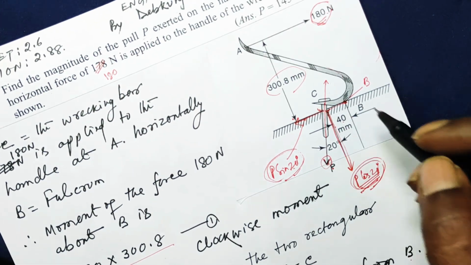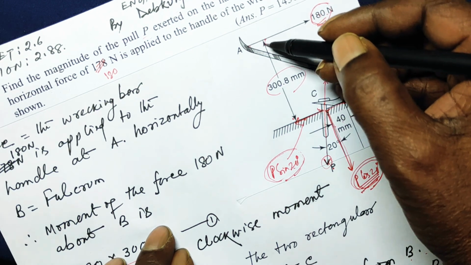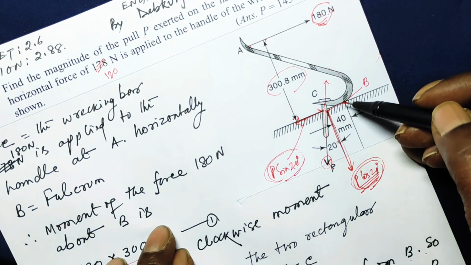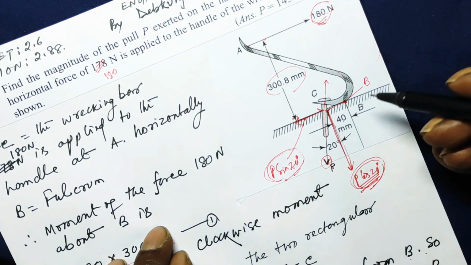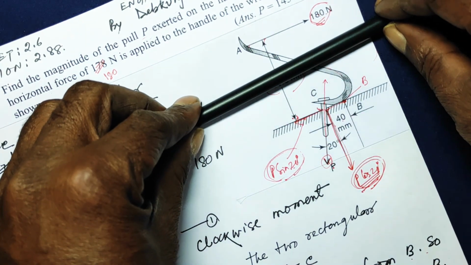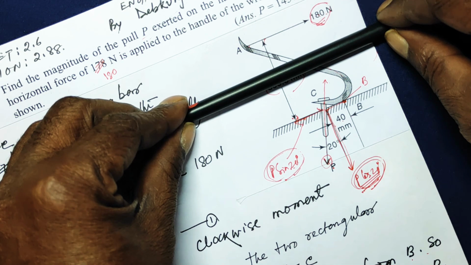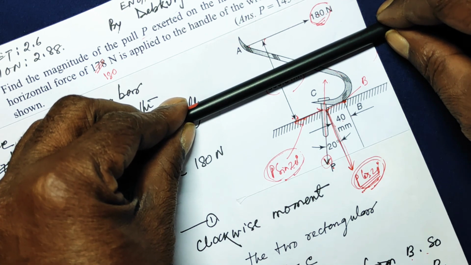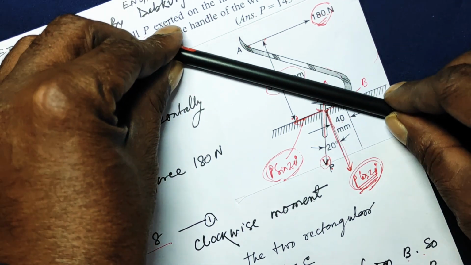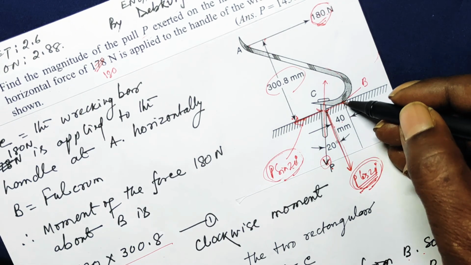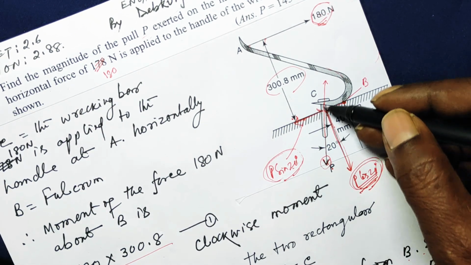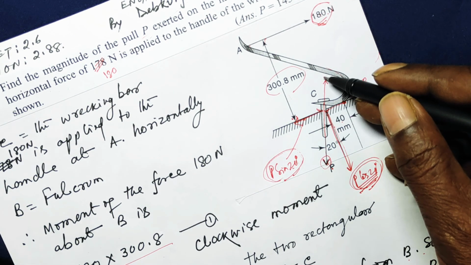Let me explain once again. 180 times this perpendicular distance is a clockwise moment about point B, meaning the raking bar will try to turn like this about point B. Due to that, this nail will be pulled up.